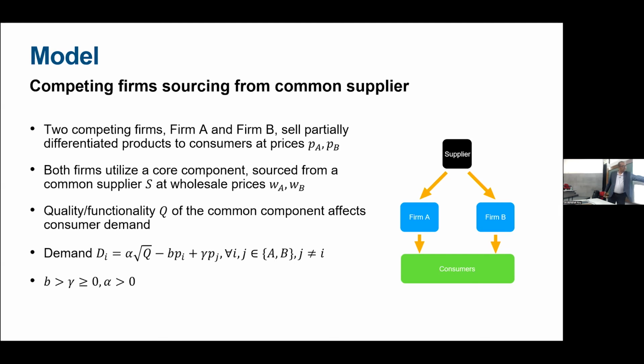But if firm B's product becomes more expensive, then the demand for firm A goes up slightly. Why slightly? Because they're imperfect substitutes. And why are they imperfect substitutes? Because people have different preferences. Some people like GM more, some like Honda more, some like Mercedes more, some like BMW more. So these two companies are horizontally differentiated.